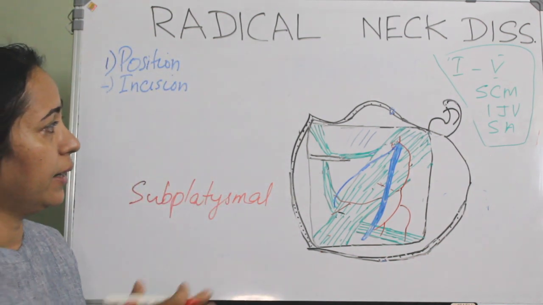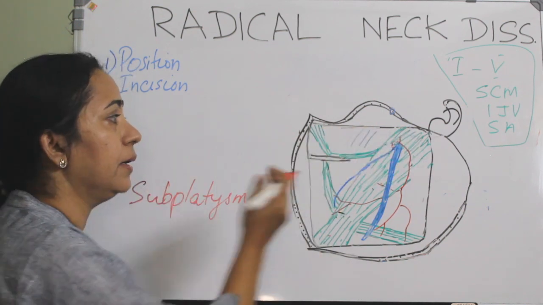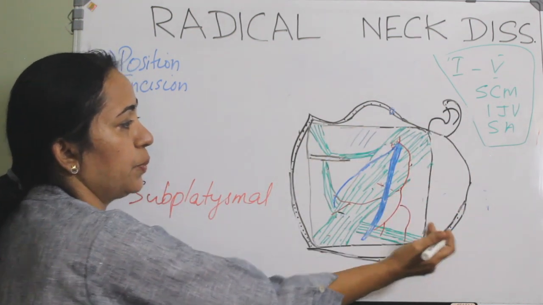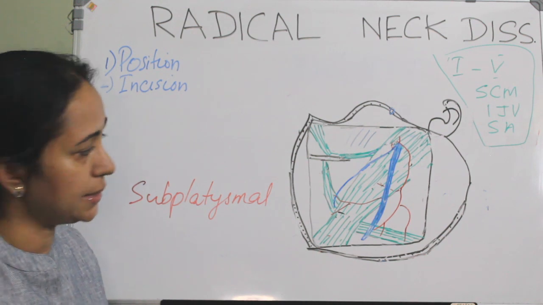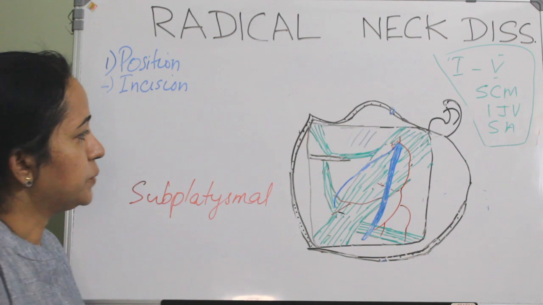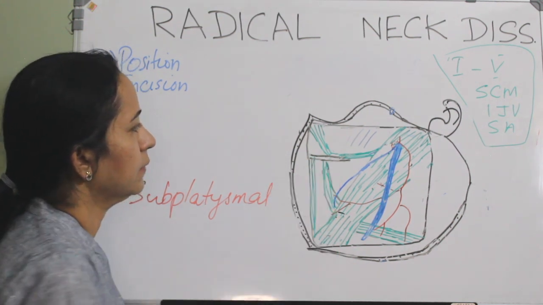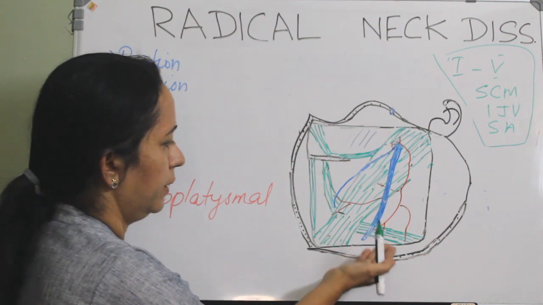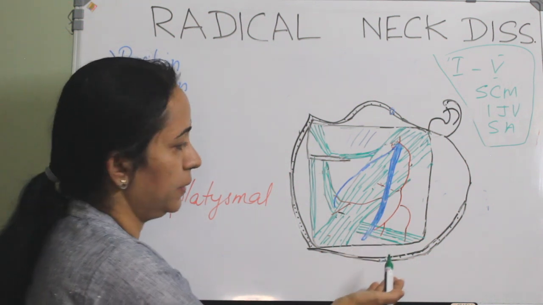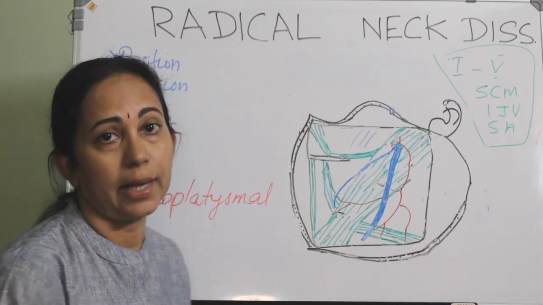The upper flap should be up to the lower border of the mandible, and posteriorly up to exposing the anterior border of the trapezius, anteriorly up to the strap muscles, and the lower flap will be up to exposing the clavicle.